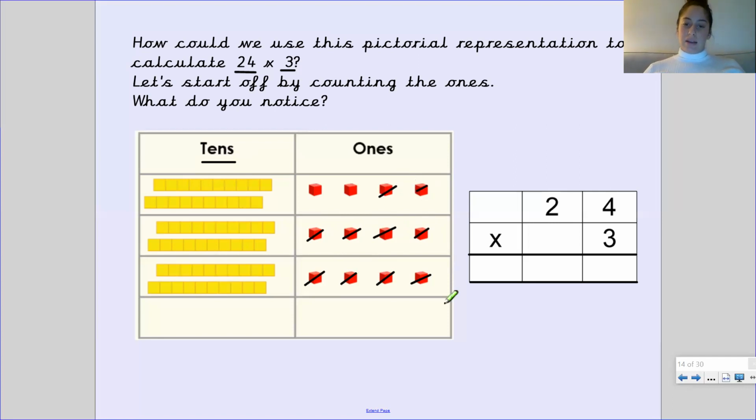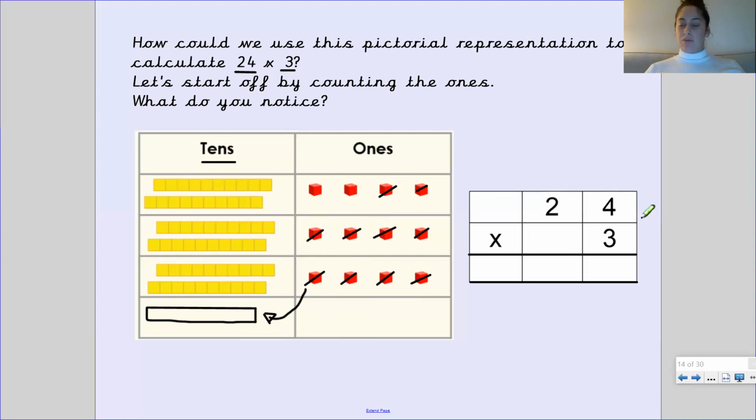And I would then need to exchange this into the tens column. Okay, so what I have done is I've exchanged 10 ones into the tens column.